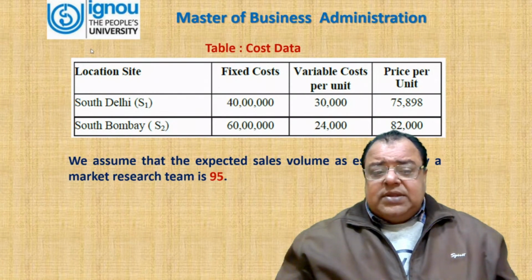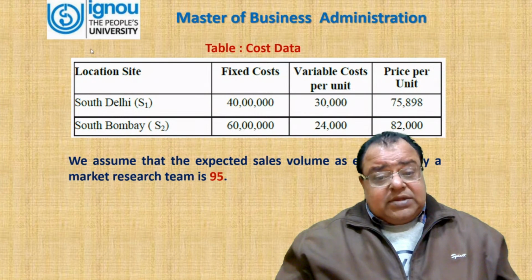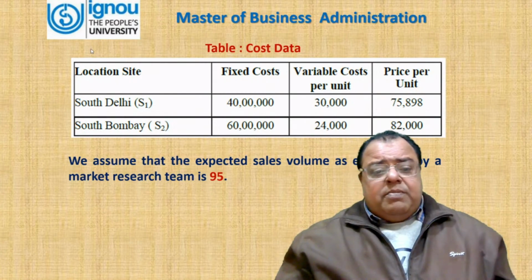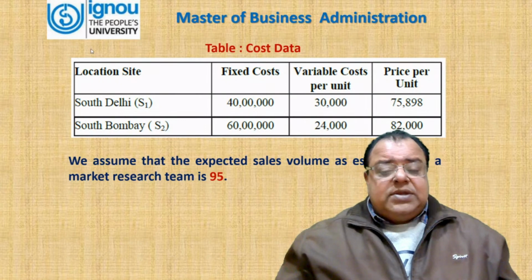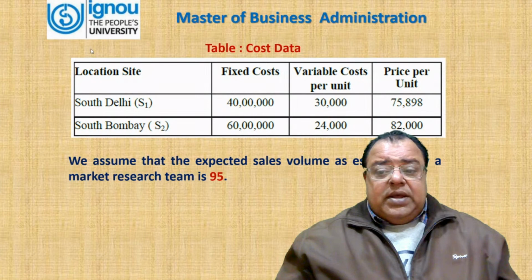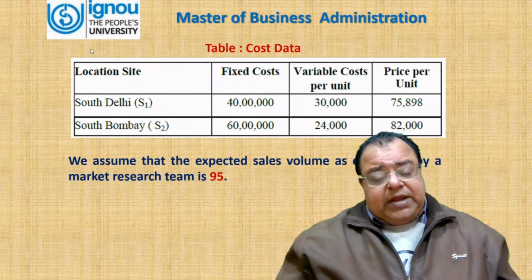Here we can see that for South Delhi, fixed cost is 40 lakhs, variable cost is 30,000, and price per unit is 75,898. And for South Bombay, it is 60 lakhs, variable cost per unit is 24,000, and price per unit is 82,000.